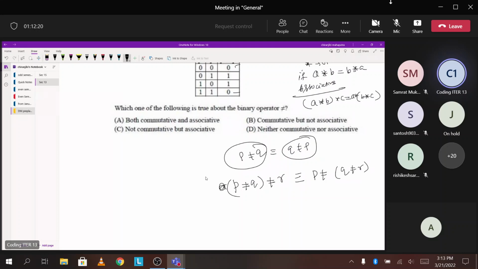Is it or not? Looking at it like this, what do you feel, will it be associative or not?